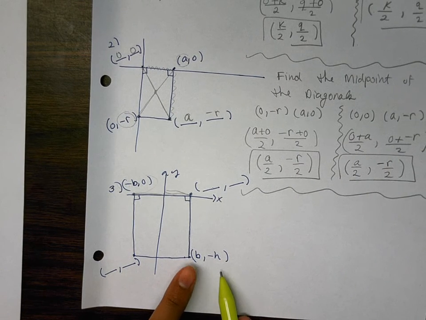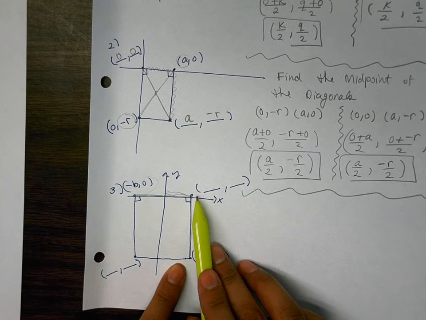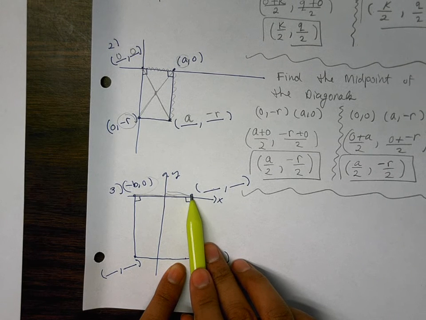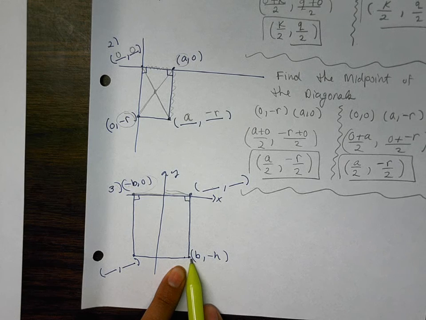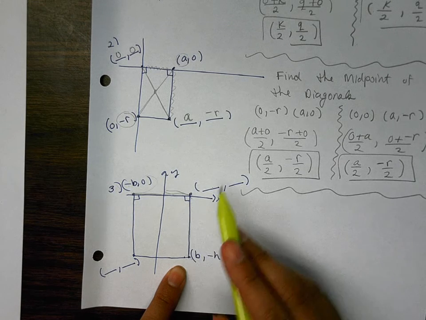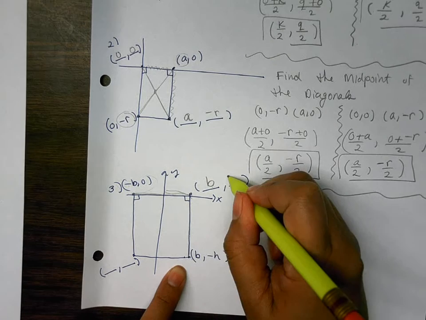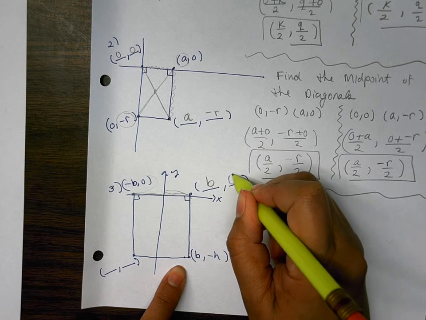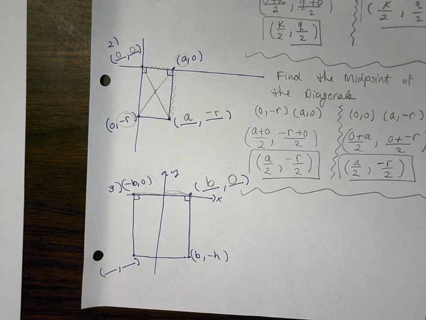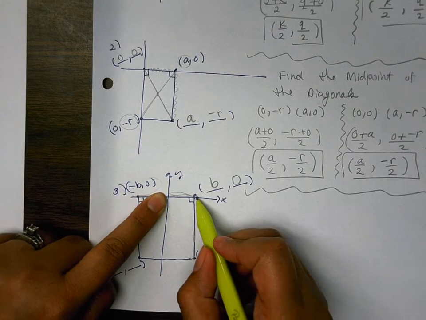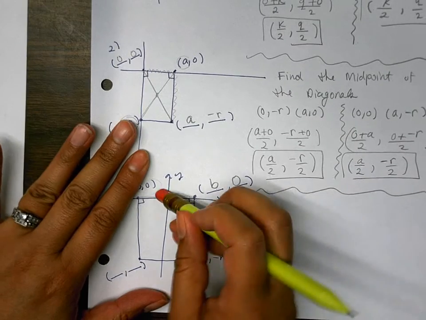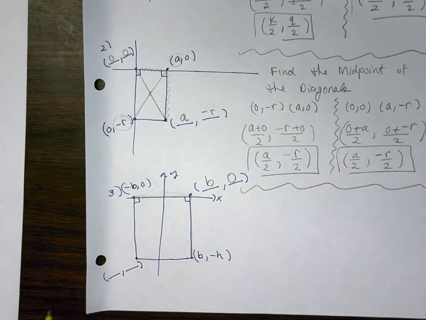If this tells me I go right B and down H, Jason, can you tell me what this point would be right here? If I went right B and down H to get to this point, what would this point be? B, comma, and I don't go up or down, so it is 0. Do you see that? Right B, and I don't go up or down because it's on the x-axis, so it's B, 0. Does that make sense?